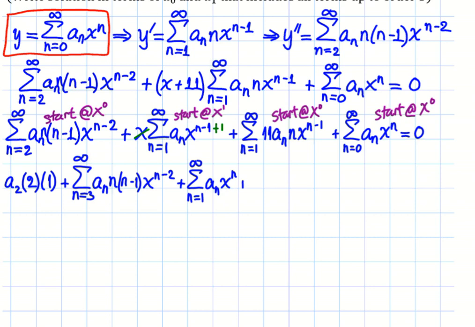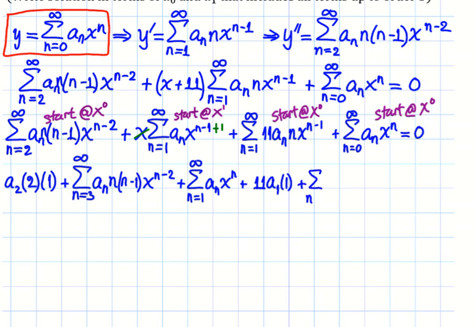The third series starts at x to the 0 power, so we have to split 11 a sub n when n equal to 1. So we have 11 a sub 1, n equal to 1, x to the 1 minus 1 will be x to the 0 power, so that's constant. And when n equal to 1, that's what we have.